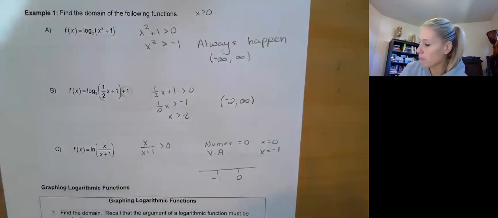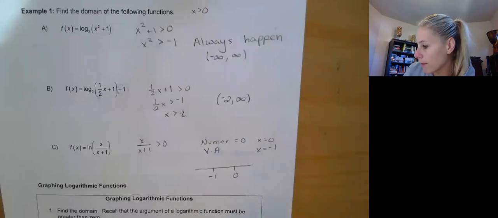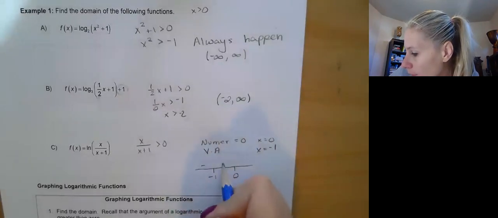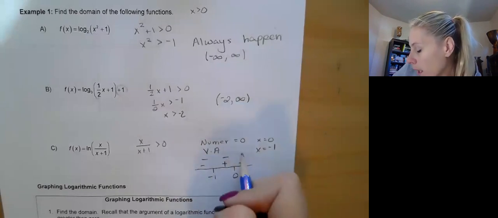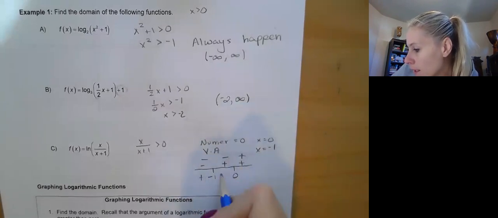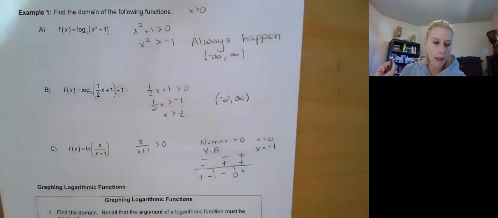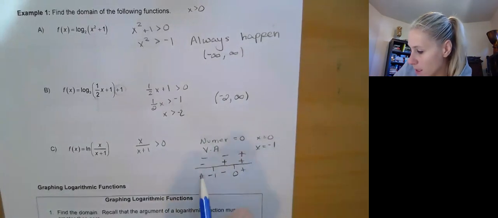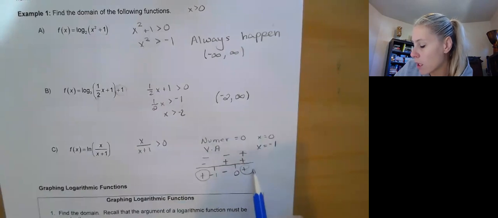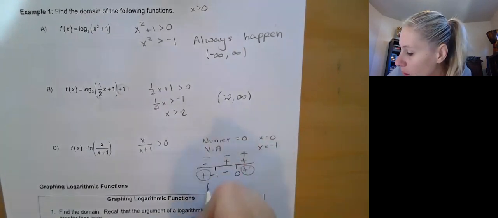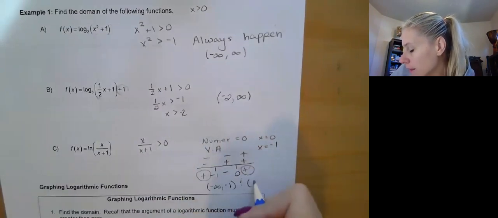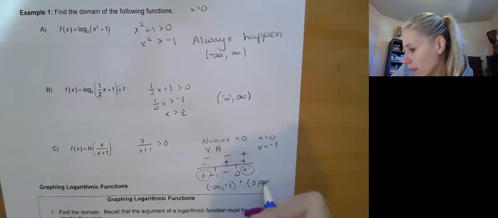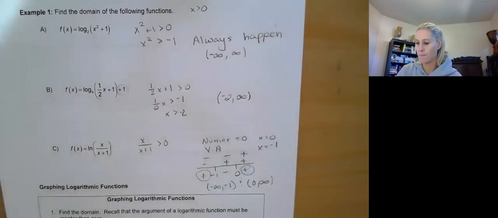But let's keep in mind that everything's positive, so negative, negative, negative, positive, positive, negative, negative, positive, so we get positive, negative, positive, and it has to be greater than 0, so we have our 2 intervals, which is negative infinity to -1 and 0 to infinity, and there is our domain.